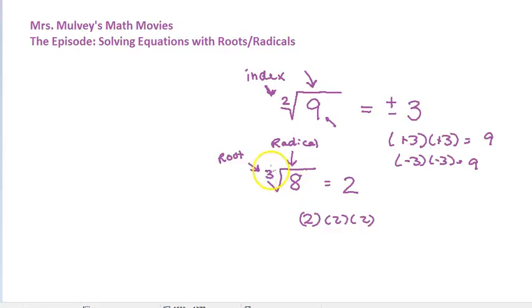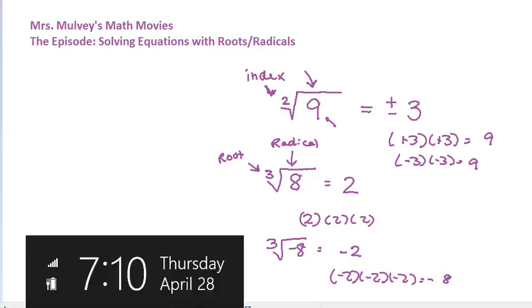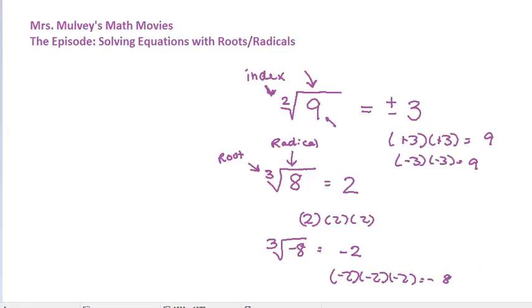So the cube root of 8 is 2, because positive 2 times positive 2 times positive 2 gets me positive 8. I can take a cube root of a negative number, and in this case it would be negative 2, because negative 2 times negative 2 times negative 2 equals negative 8. So there's the quick recap. I know we've talked about this already, but it's just to remind you.